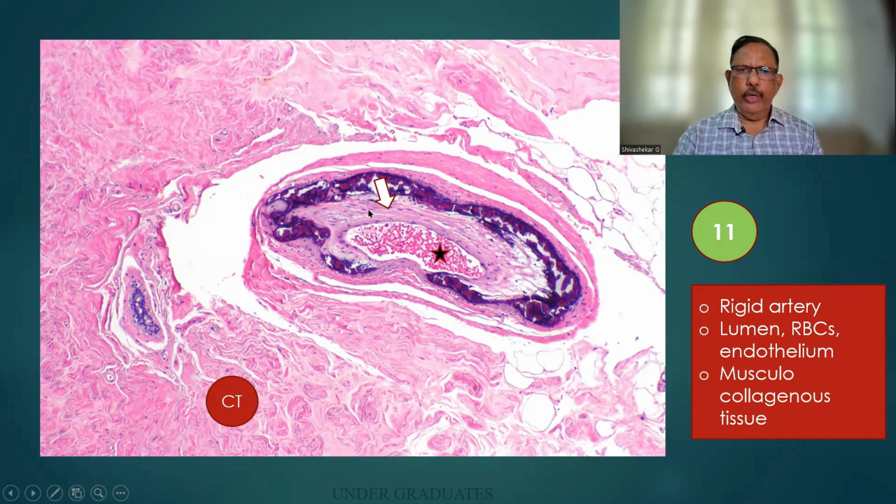The thick arrow points to the muscle, smooth muscle, in which I am finding multiple patchy areas of basophilic material. And surrounding all this is the supporting CT, means connective tissue. This is collagen or muscle, and this is fat. So rigid artery, lumen with RBCs, endothelium, musculocollagenous connective tissue.